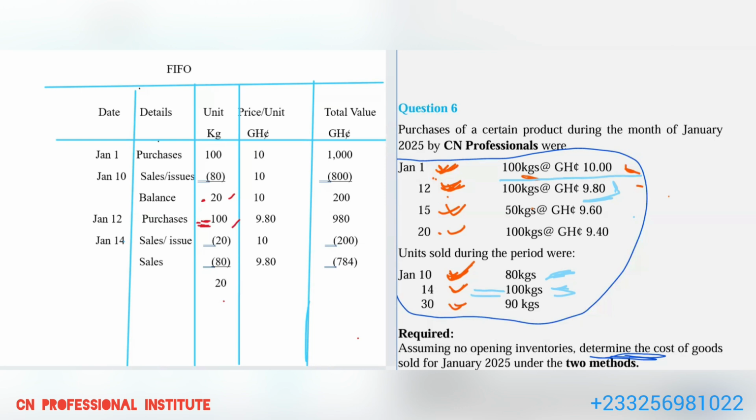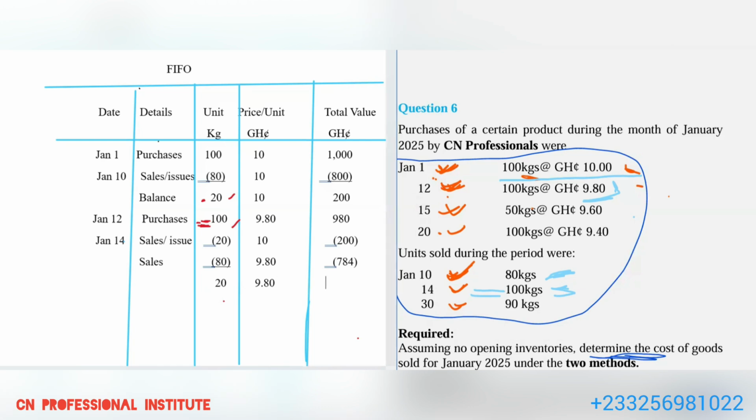I don't know if you remember, we have 20 units at 9.8, right? Why? Because here we had a balance of 20, then we purchased 100, making 120, and we sold 100. So we sold this 20 first. Then we sold 80 from this. So we'll be left with 20 as the balance.